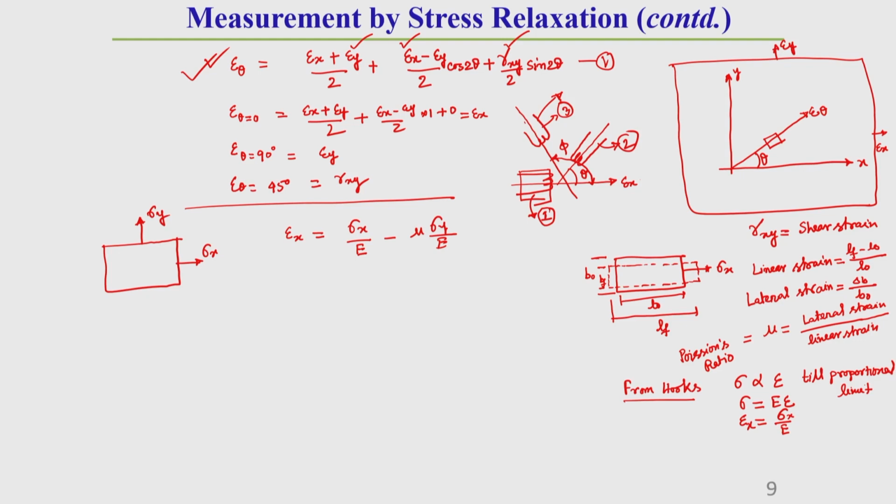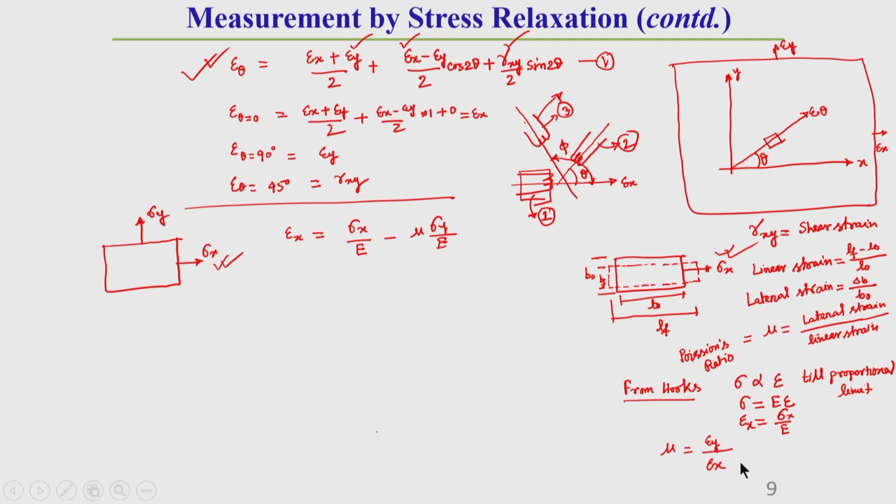Another thing you should keep in mind: due to this sigma x itself, some other strain occurs in the other direction. So, mu you can write as epsilon y by epsilon x, correct.